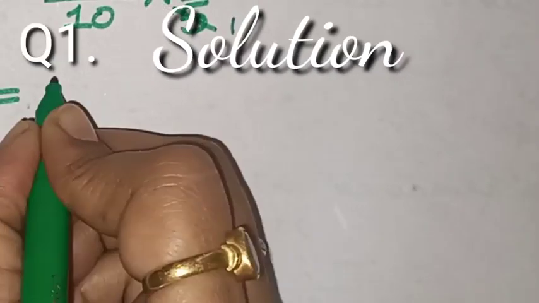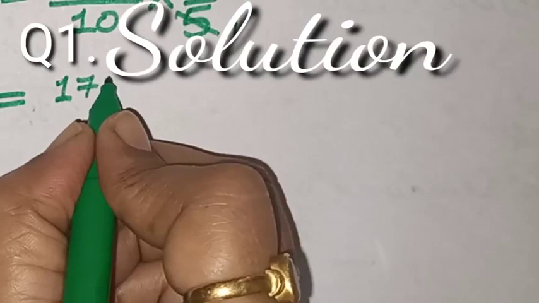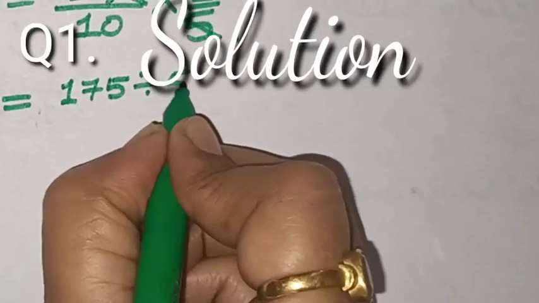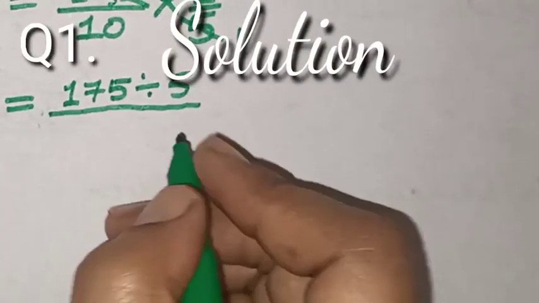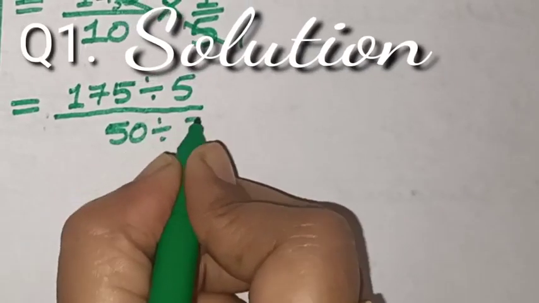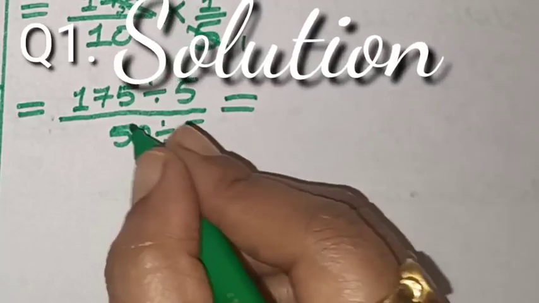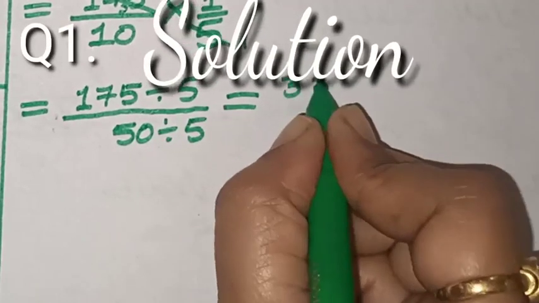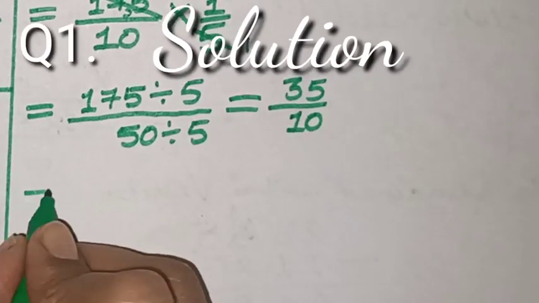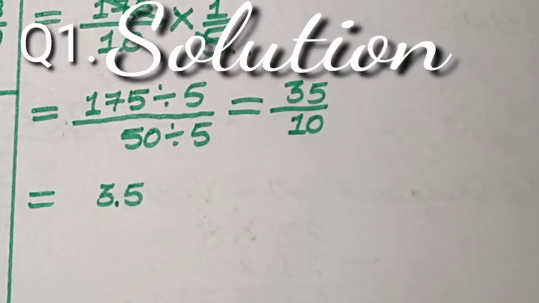We can divide it like this, or we can divide 175 by 5 and 10 by 5 like this also. So let us divide like this. What we'll get? 35 upon 10. Answer is 35 upon 10. We'll write the number as it is, 35. Only one 0. So the answer is 3.5.